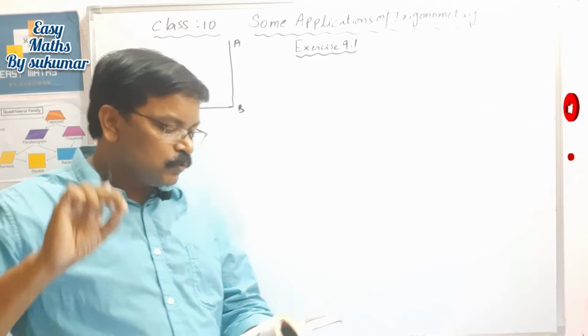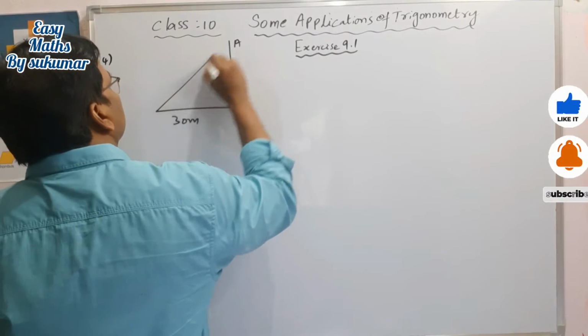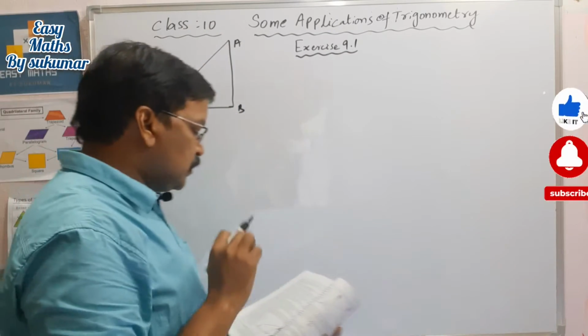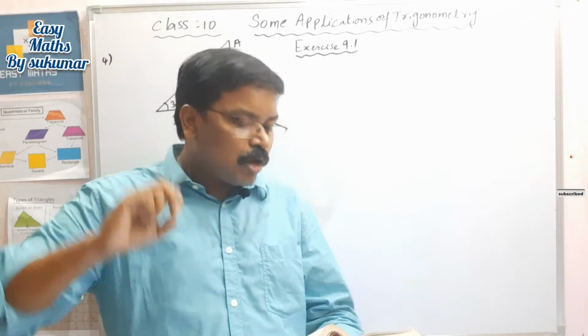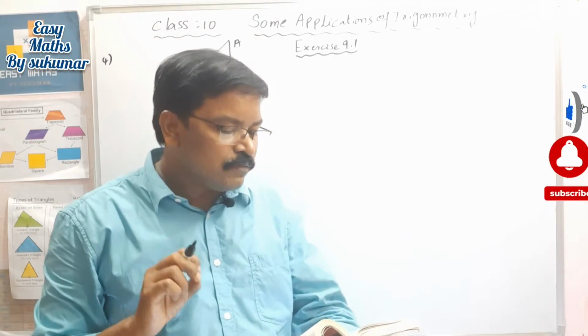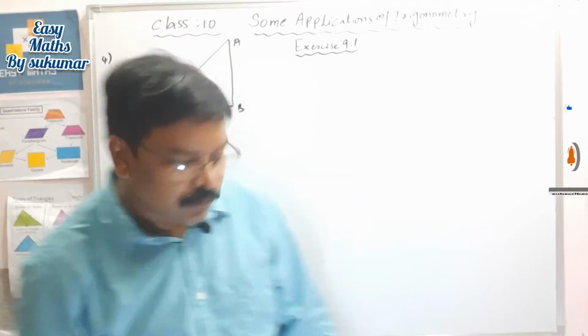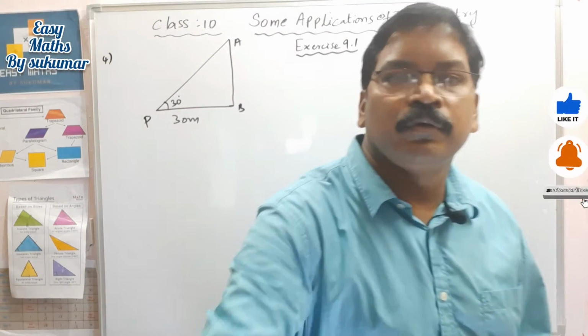The angle of elevation is 30 degrees. Find the height of the tower. Again I will read. The angle of elevation of the top of a tower from a point on the ground. So this is the point on the ground.